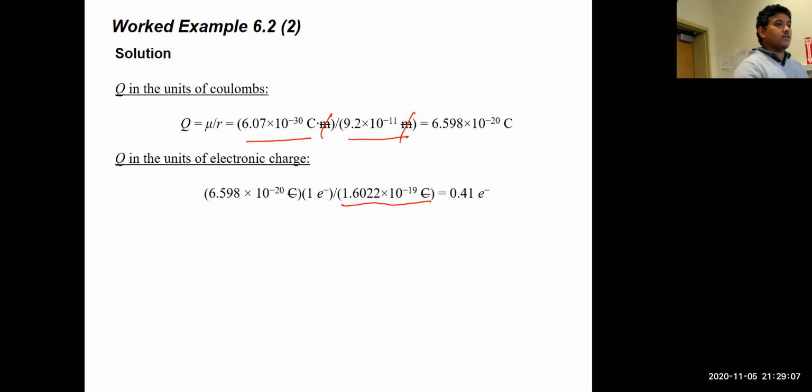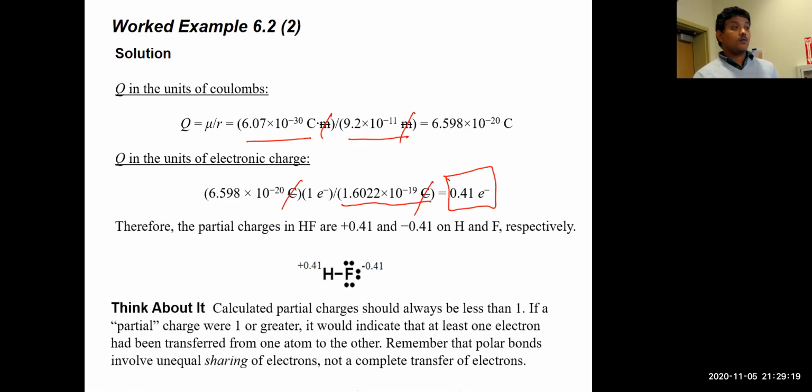Using that as a conversion factor, we cancel the coulombs, the unit, and end up with a partial charge of 0.41 electrons. What that 0.41 electron is telling us is that the polar bond leaves a partial positive charge of 0.41 on hydrogen and a partial negative charge of 0.41 on fluorine.